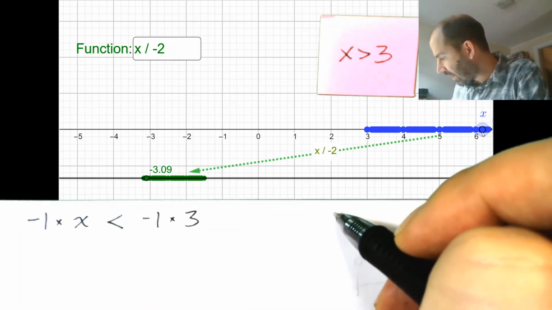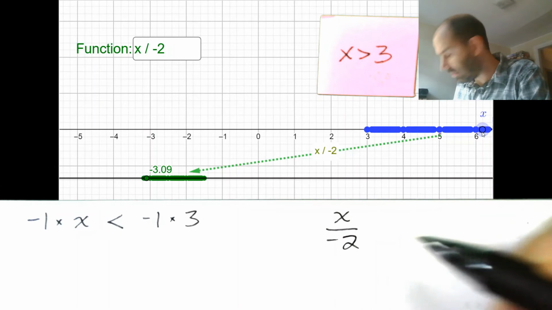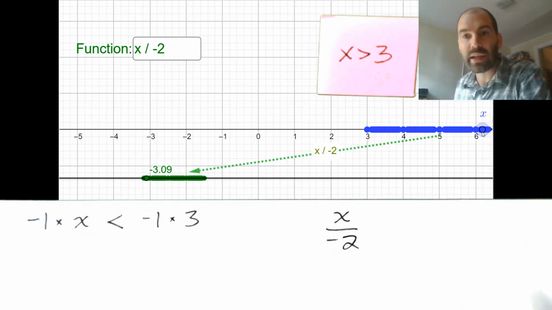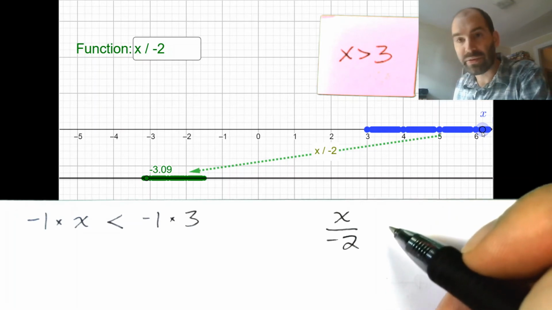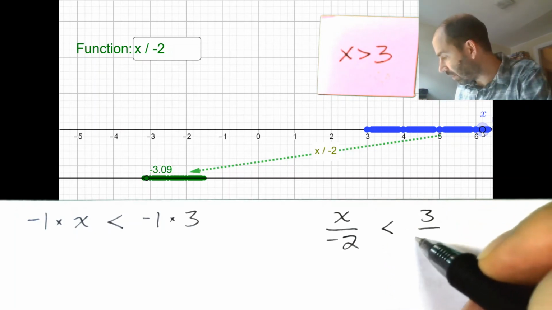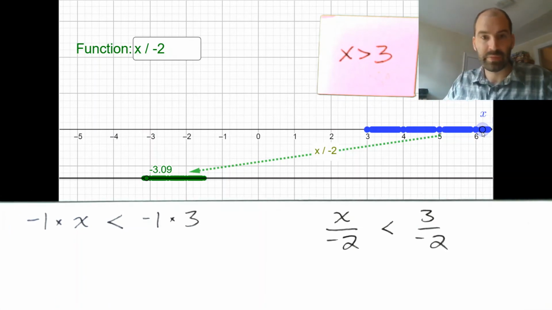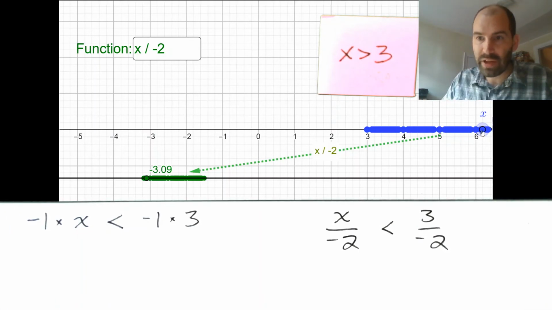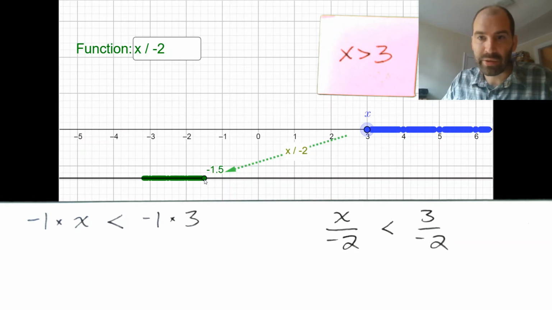If I take x and divide by negative 2, it's less than negative 3 halves. Or in other words, it's less than 3 divided by negative 2. This value right here, that green number, is exactly negative 3 halves.